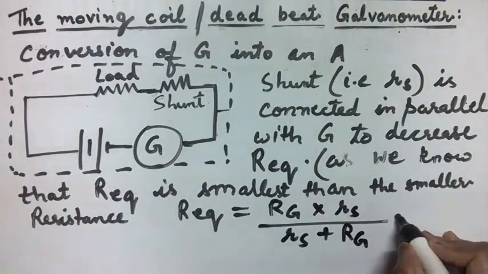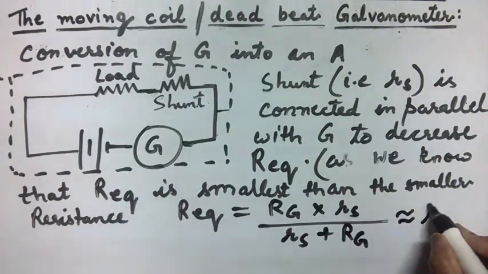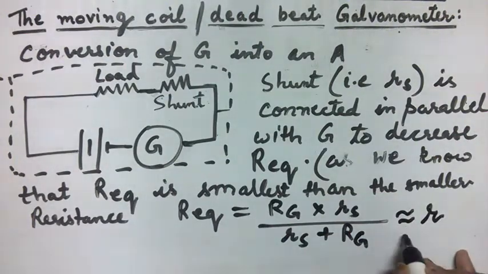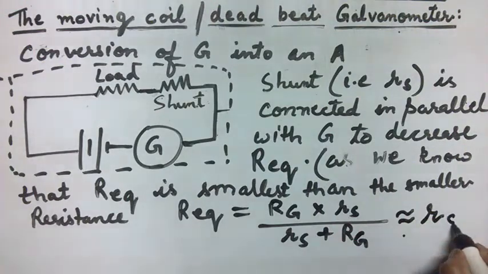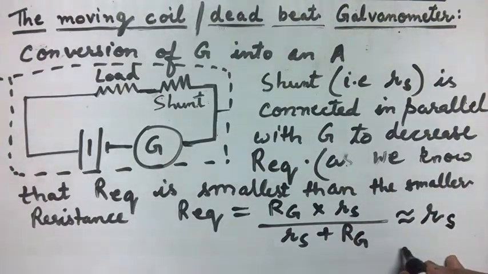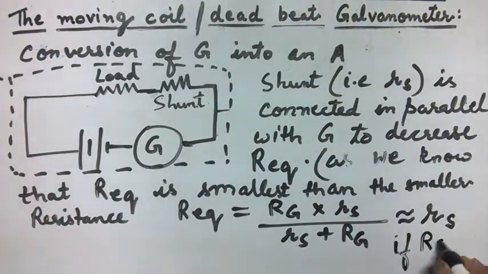And on solving, we get it is approximately equal to the resistance of the shunt, that is very small, if the resistance of the galvanometer is very much greater than the shunt resistance.